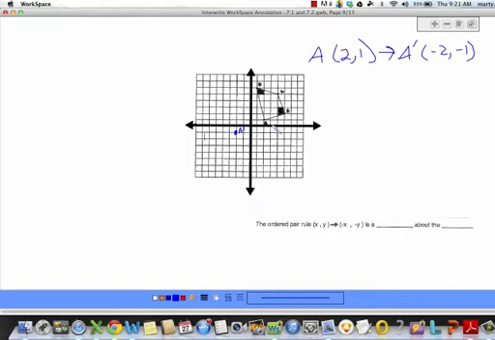And then B, 1, 2, 3, 4, 5, 2, so I'm going to go -5, -2, and there's B prime. And then C, 4 and 5, so -4 and -5. And I'm at C prime, and then D is 1, 6, so this is -1, -6.